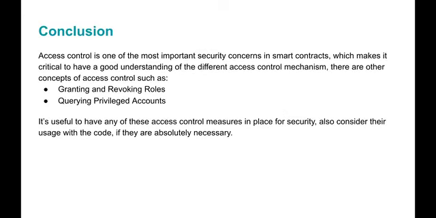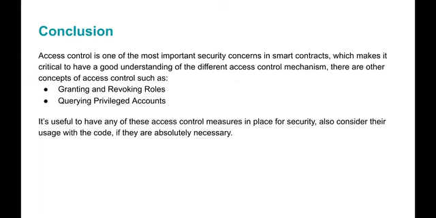So in conclusion, access control is one of the most important security concerns in smart contracts, which makes it critical to have a good understanding of the different access control mechanisms. There are other concepts of access control, such as granting and revoking roles, like I explained earlier.